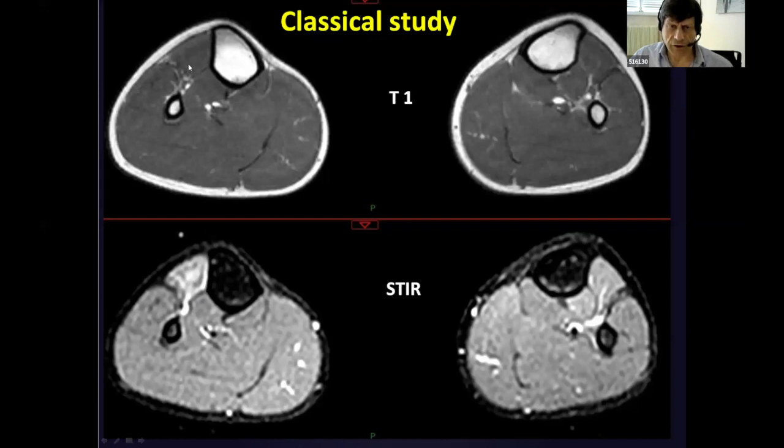You don't have a fatty replacement in this muscle. You are not able to detect increase of water content with T1 sequence, but with STIR sequence, you can detect edema modification in the tibialis anterior.